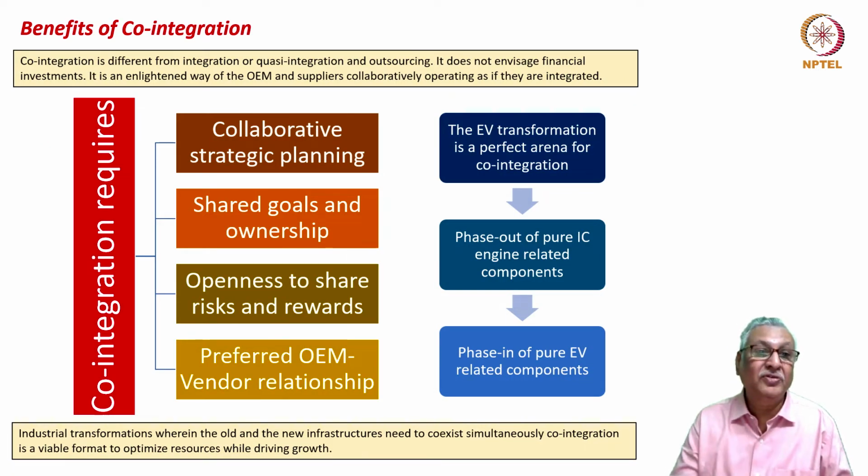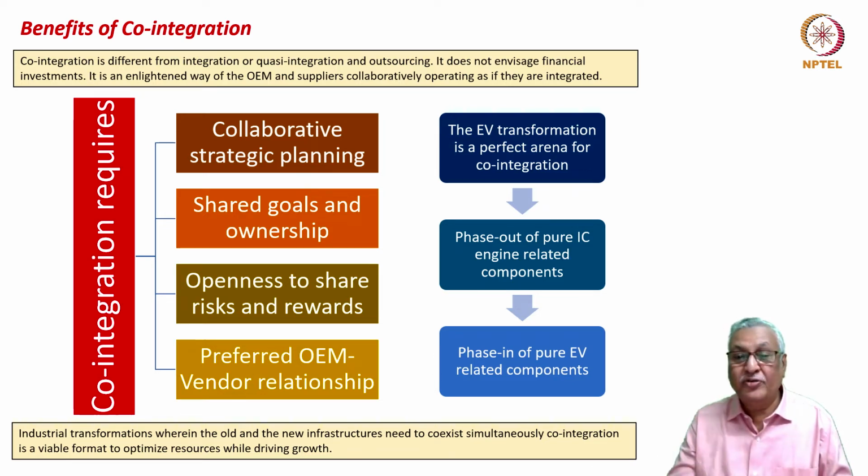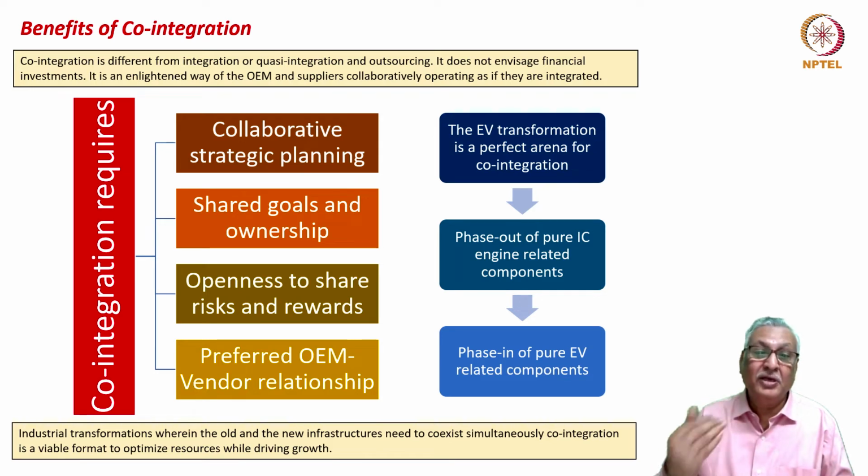So what are the benefits of co-integration? The benefits are in terms of collaborative strategic planning. That is, you would like to know where the product is moving, therefore how the components must be going. So in the case of an electric vehicle, when and what type of electric vehicles will be done? Will they be retrofitted electric vehicles, or will they be native zero-based development electric vehicles?